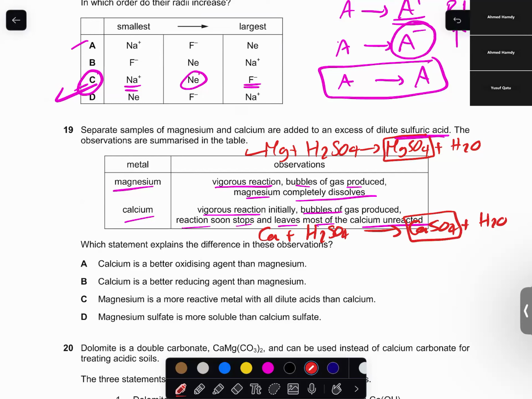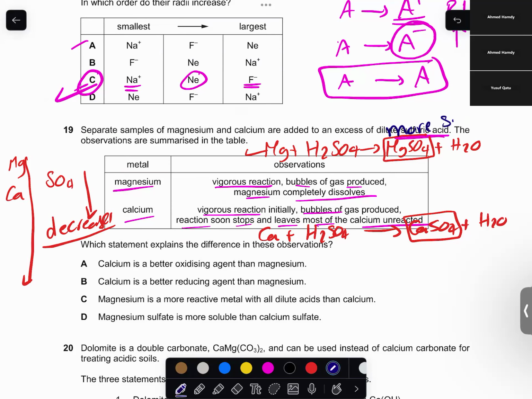Because as we go down from magnesium, calcium, strontium, barium, what happens to the solubility of sulfate? As we go down, the solubility of sulfate decreases. So magnesium sulfate is more soluble, while calcium sulfate is less soluble.